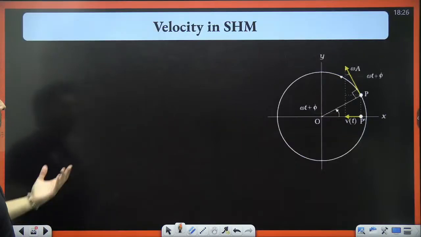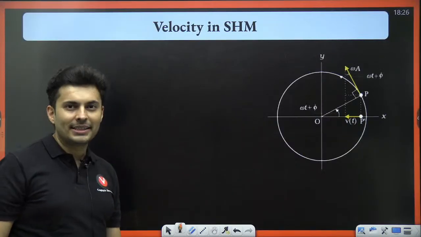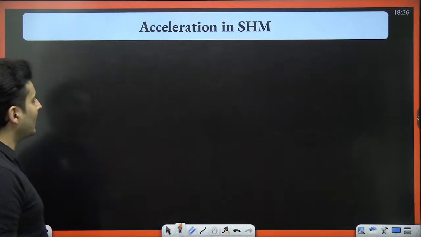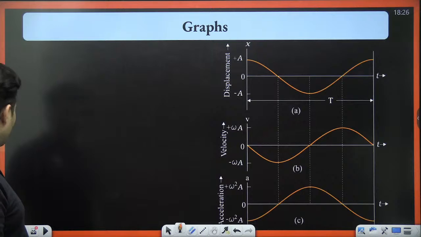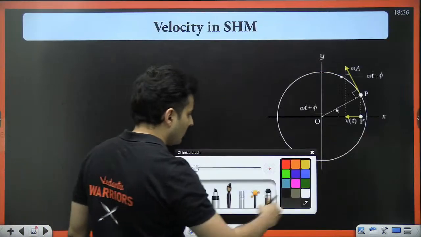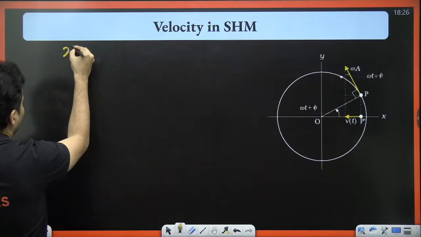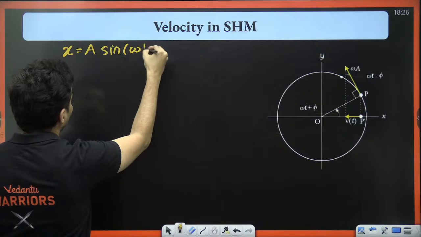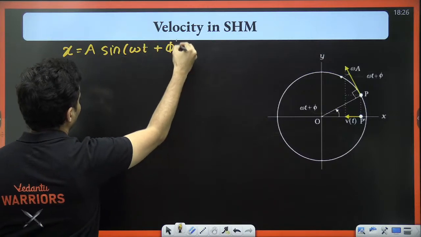Okay. Now let's talk about velocity, acceleration and also the graphs of them. So starting off with velocity. Here we know that x is nothing but a sine omega t plus phi.